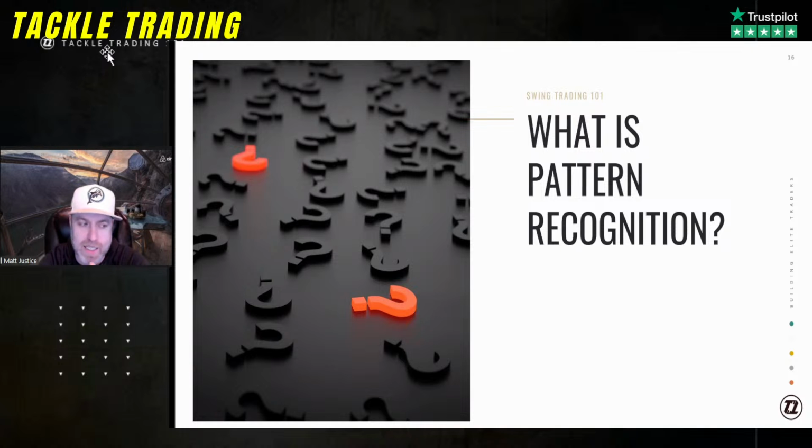One of the things I'm going to talk about tonight that I hope you guys really enjoy, and I hope it really helps you understand a couple different concepts, the differences between swing trading, position trading, and also the life cycle of a trend in the beginning levels of a trend versus the ending of a trend.